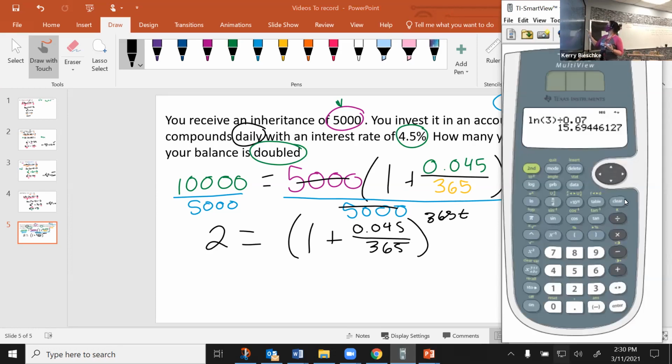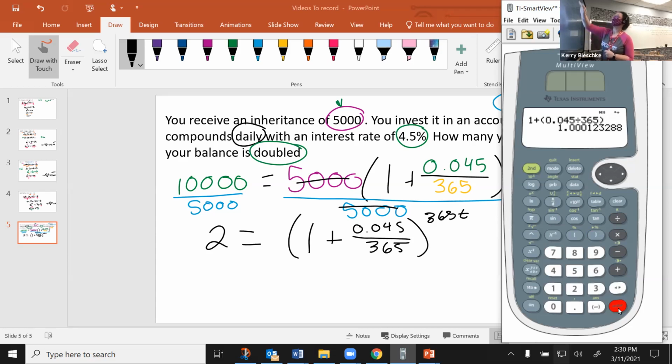So we can do the 1 plus, and we can do it all at one time if we want to. 0.045 divided by 365. And just type it in our calculator like that to simplify that fraction. Because the 1 plus and the 0.045 are not on the same side of the fraction bar, we can't simplify that with addition. We're going to do the division first and add to 1.